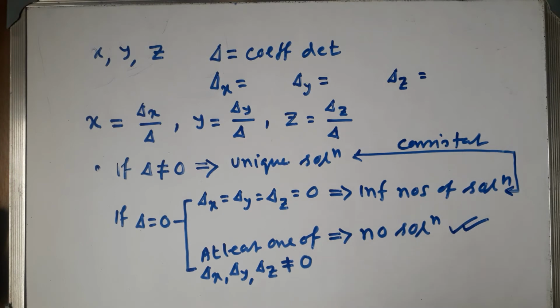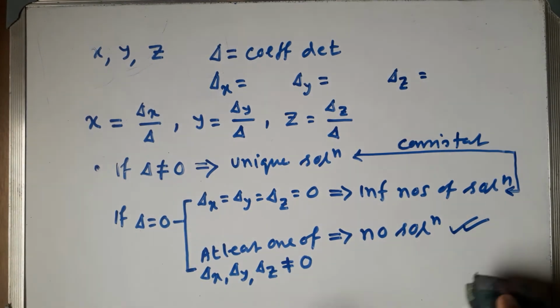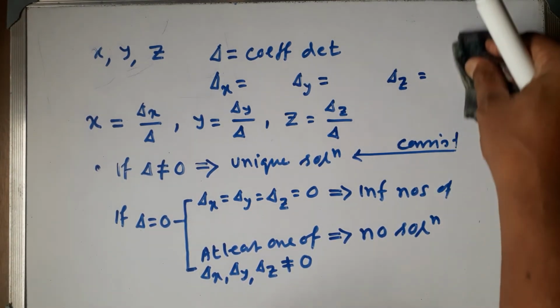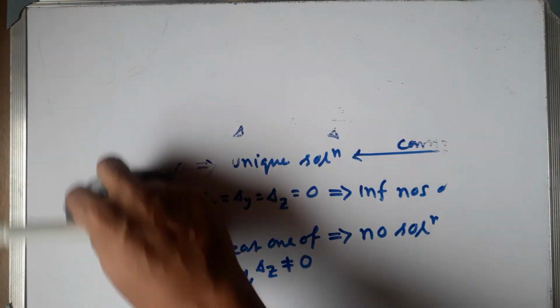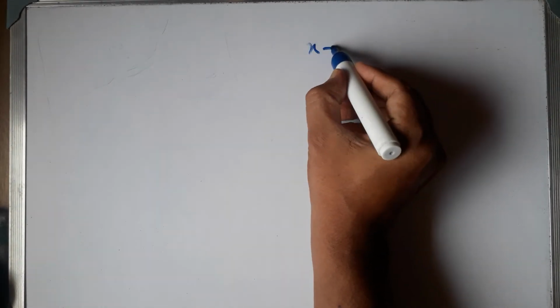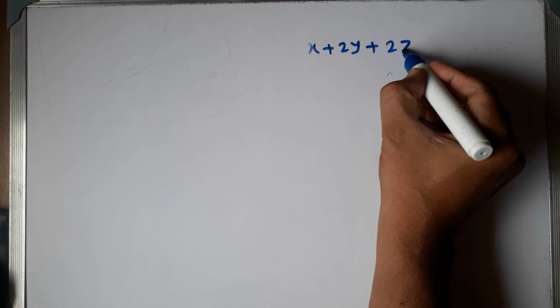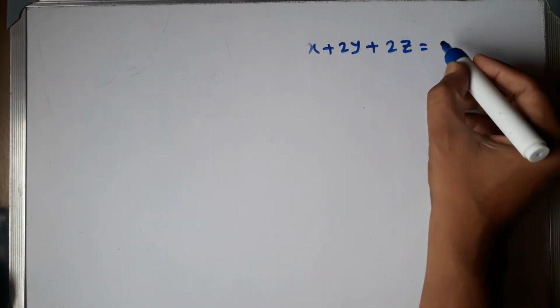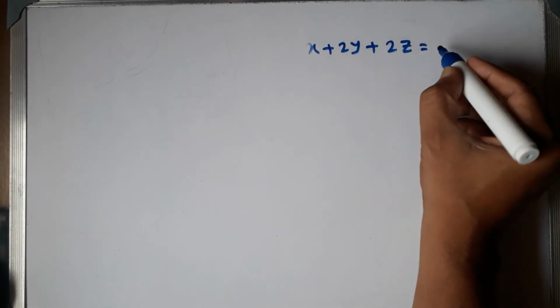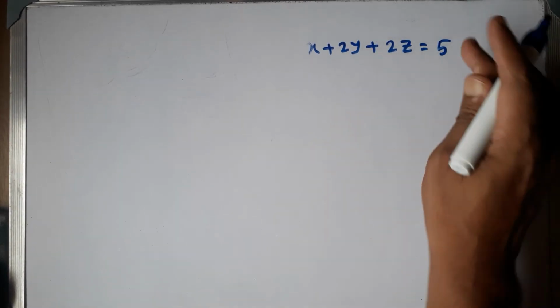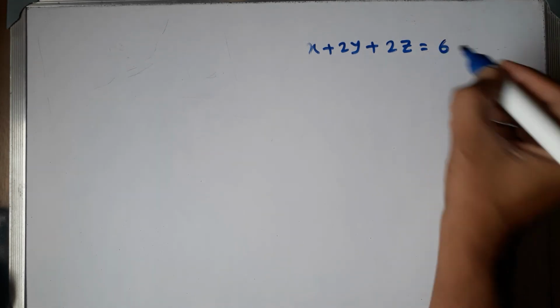We shall solve the previous sum by this method. Suppose the question is this: solve the system of equations. x plus 2y plus 2z is equal to, suppose, 6.